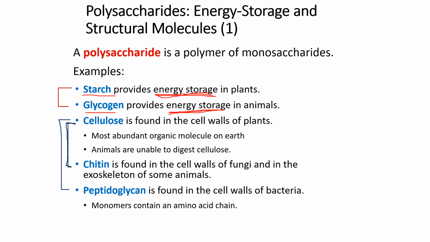The difference is that starch is in plants and glycogen is in animals. When you think about plants, a lot of times the starch is in a grain like rice or corn, or it's in the root like a tuber like potatoes.